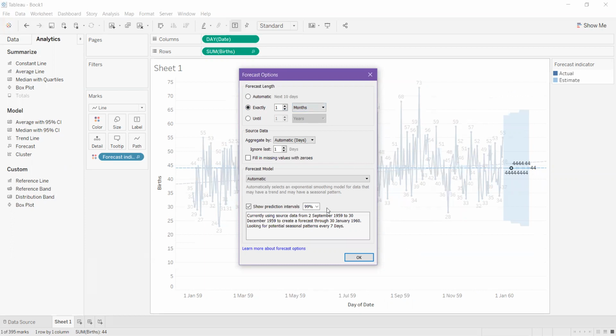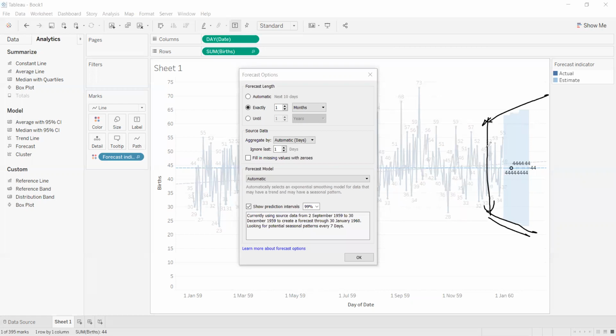If I make the changes, you see the value over here, this breadth, is increasing. Please remember this breadth. This breadth is really important. This is the range in which the values can fall. It is the range of the estimate.